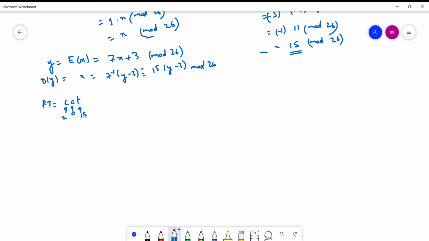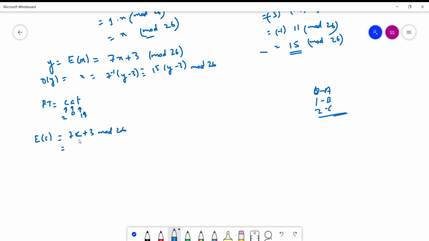You can do one thing in your notebook, you can write this table that 0 is a, 1 is b, 2 is c, and always refer to that table for getting the value of these alphabets.